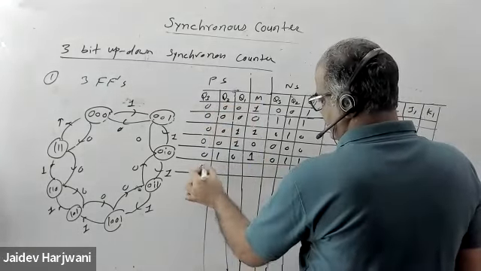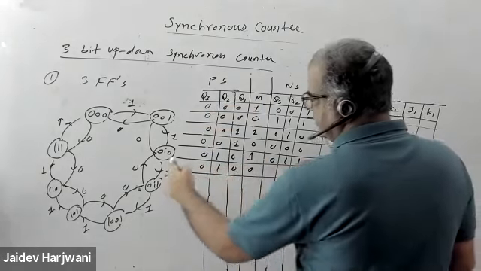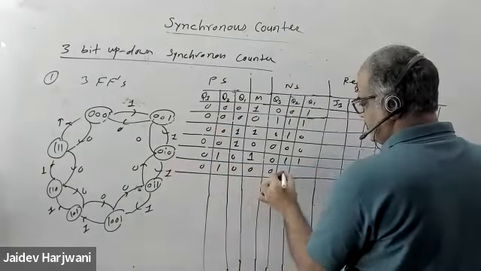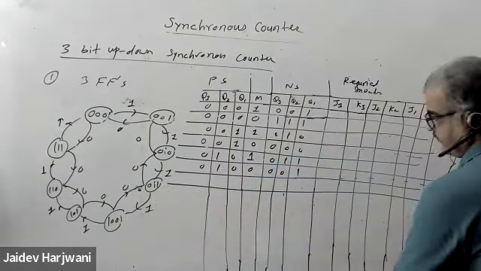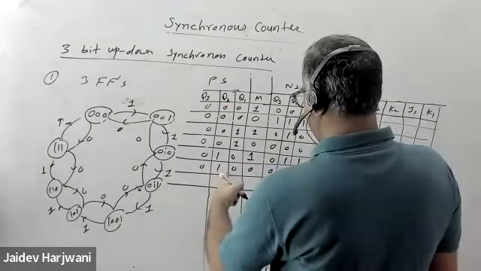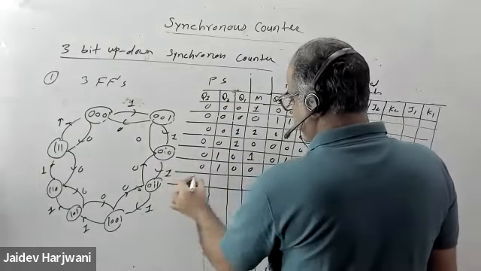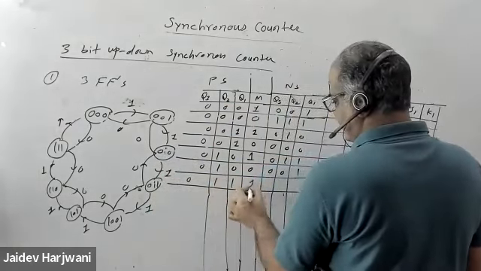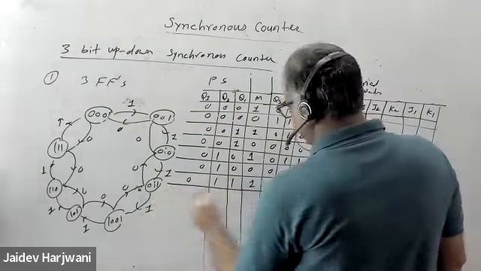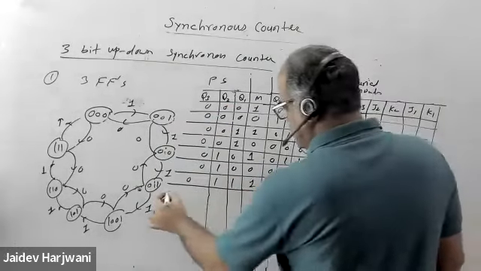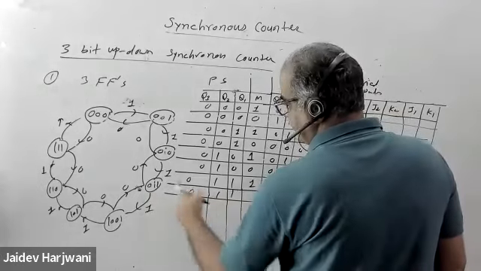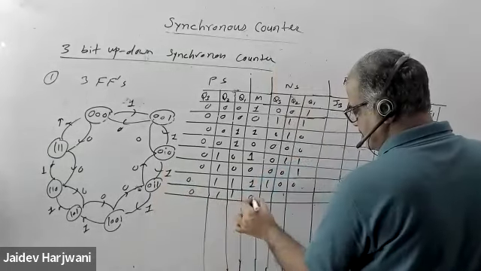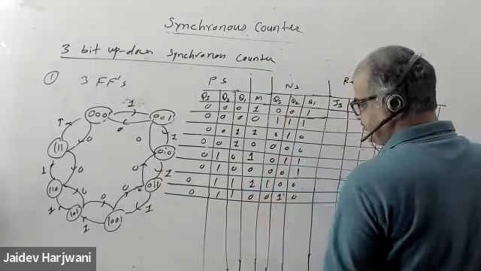So if I'm taking 0, 1, 0, I will go backward. I'll get 0, 0, 1. Okay. Then you have 0, 1, 0, after that 0, 1, 1. If you go forward, you get 3, 2, 4, 1, 0, 0. Okay, and if you go backward, 0, 1, 1, you get 0, 1, 0.